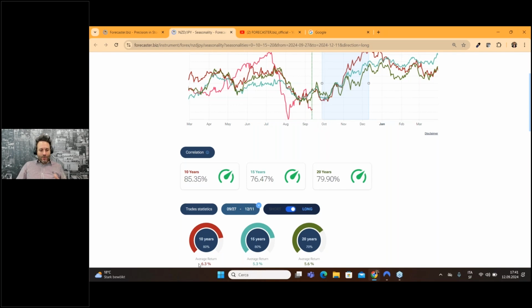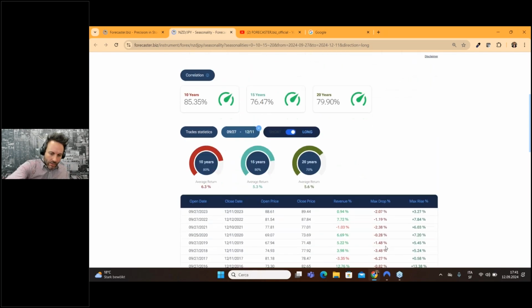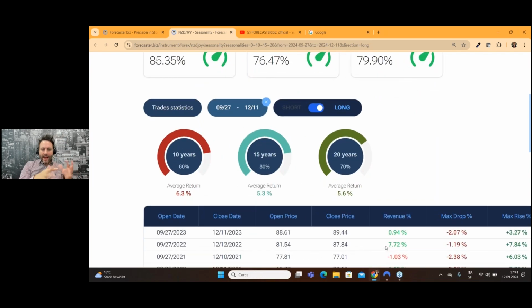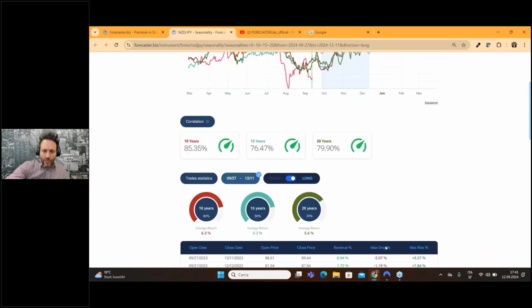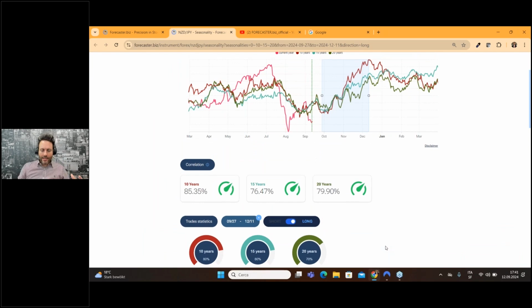We can see that the average return grows a little bit, because we passed from 5% on average to 6, 5, and 5.6, which is not very high, but it's very interesting.